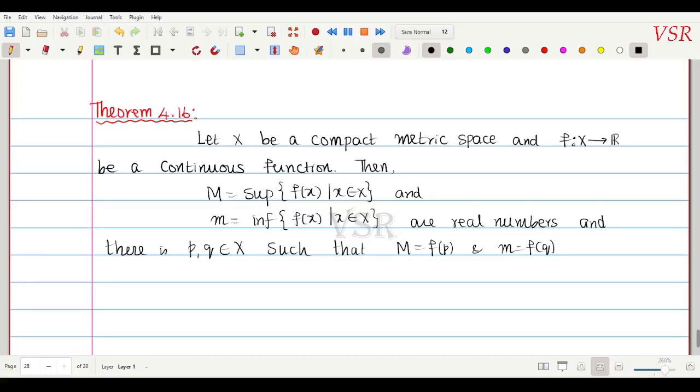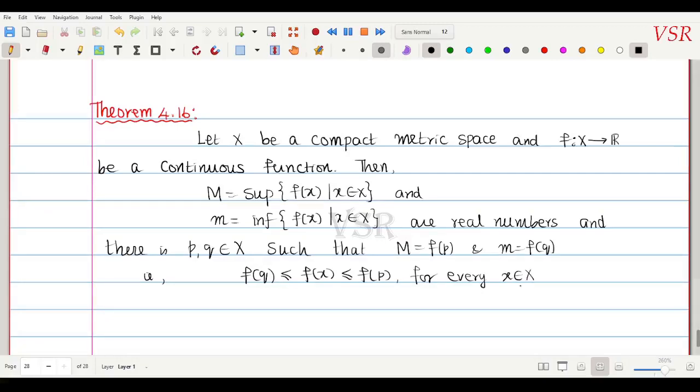That is, f of q is always less than or equal to f of x, which is always less than or equal to f of p for every x belongs to the capital X.